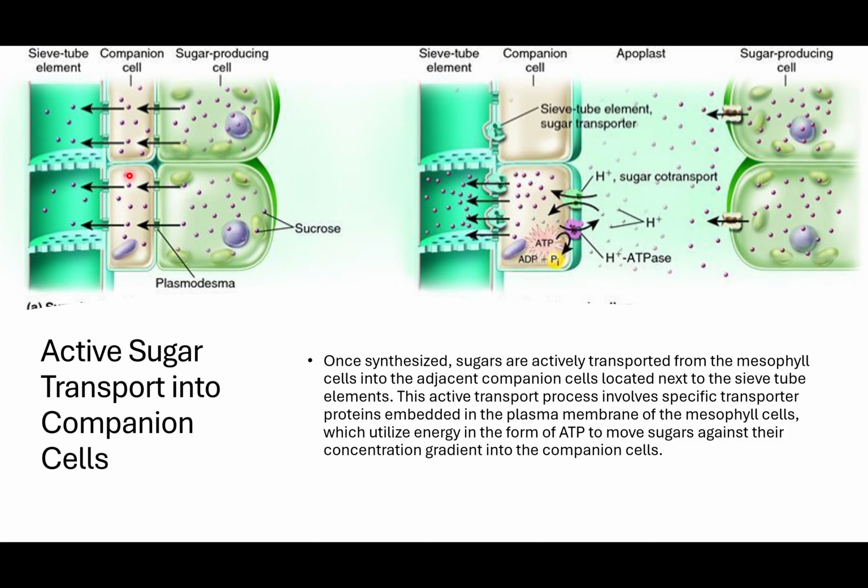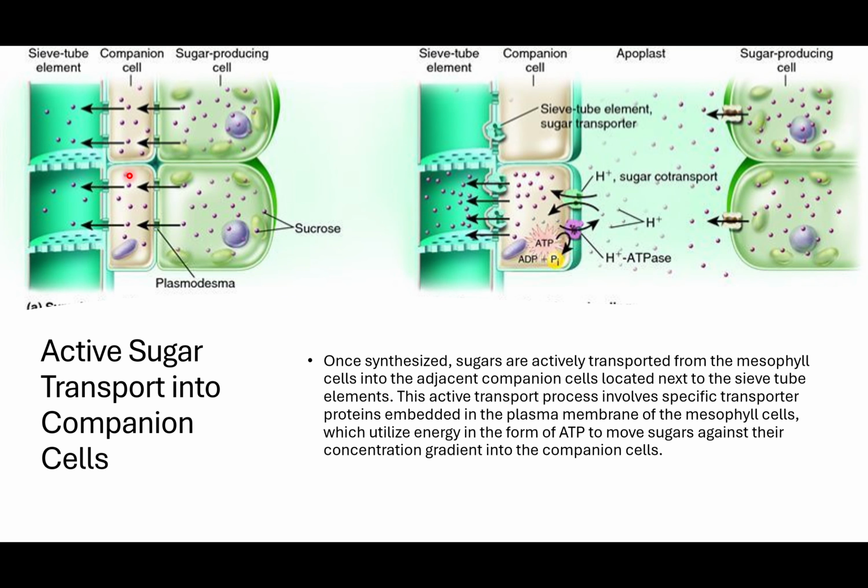The companion cells will use a proton gradient to make ATP synthase produce ATP, and this ATP would be used as a form of energy to actually move the sugars against their concentration gradients into the companion cells, and from the companion cells into the sieve tube elements.